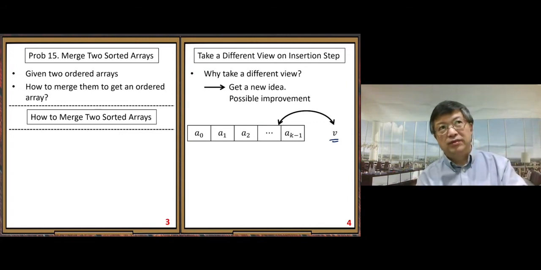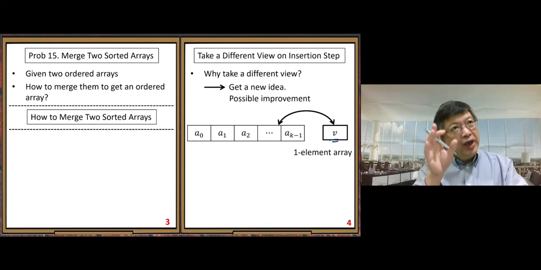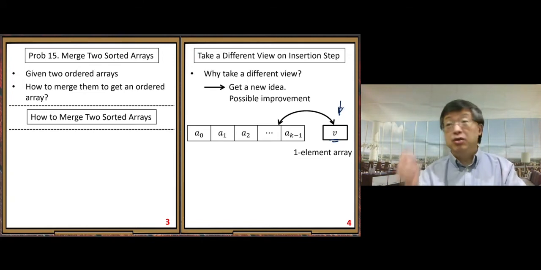Let me do this part in this way. We treat that single element, this V, as a one-element array. Can we do that? The array has only one element. Yeah, it is an extreme case, but it is okay.